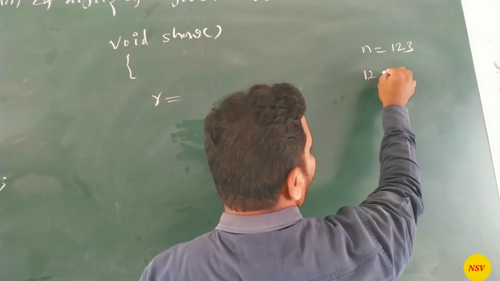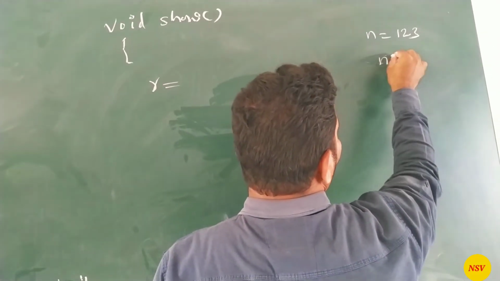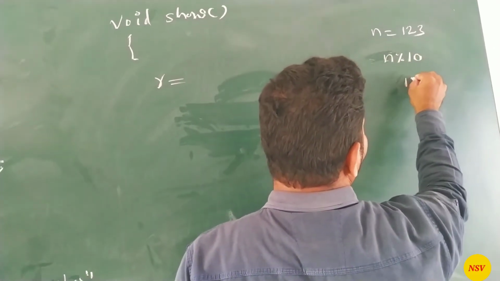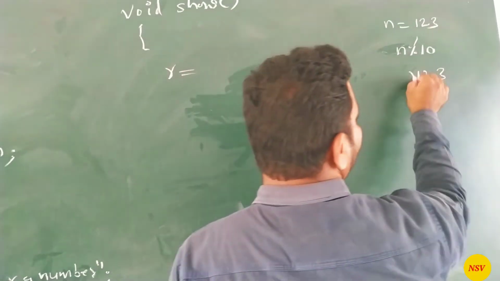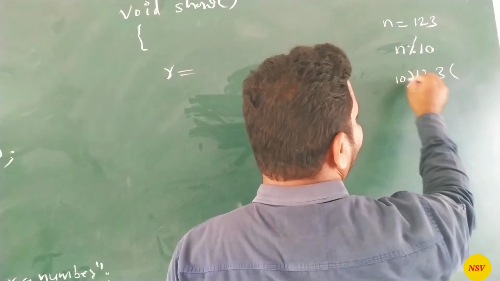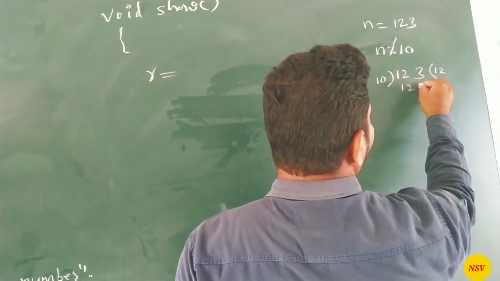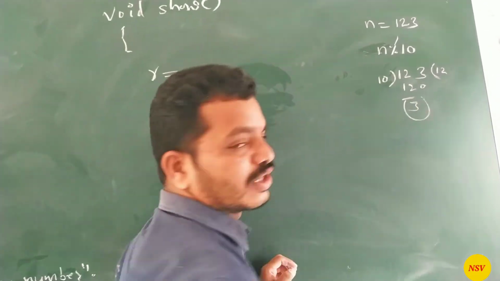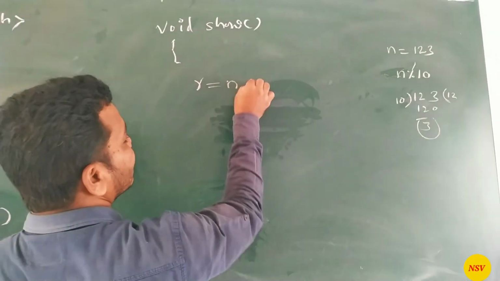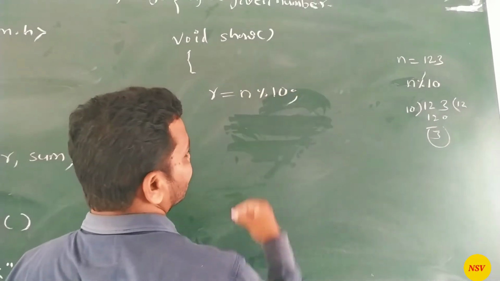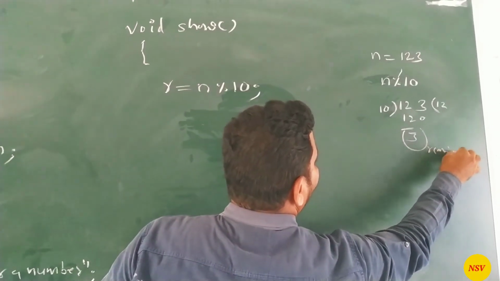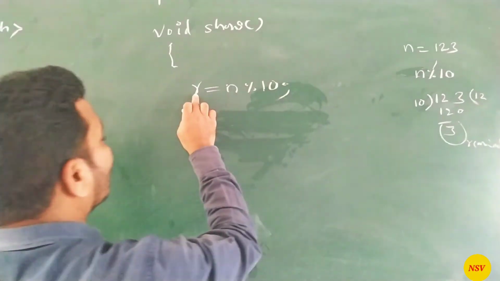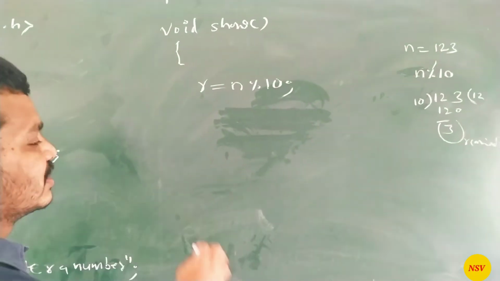Now we use n modulus 10. This operator returns the remainder value. So n modulus 10: 10 12s are 120, then 3 is the remainder value. That is why I am writing n modulus 10. So what is the remainder value here? 3. So r stores the value 3.